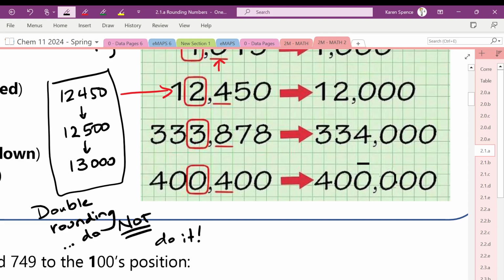Okay, double rounding, do not do it. So you always want to look at only the digit to the right. Don't look past that one digit to the right.